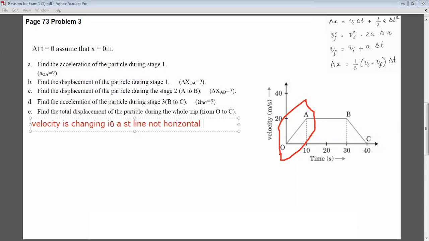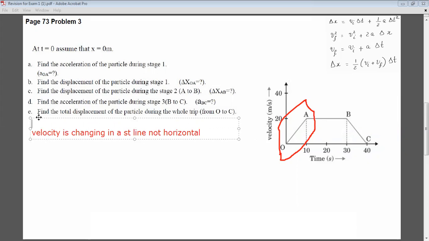But velocity is changing from O to A, in a straight line, not horizontal. This implies acceleration is equal to the slope of the straight line.